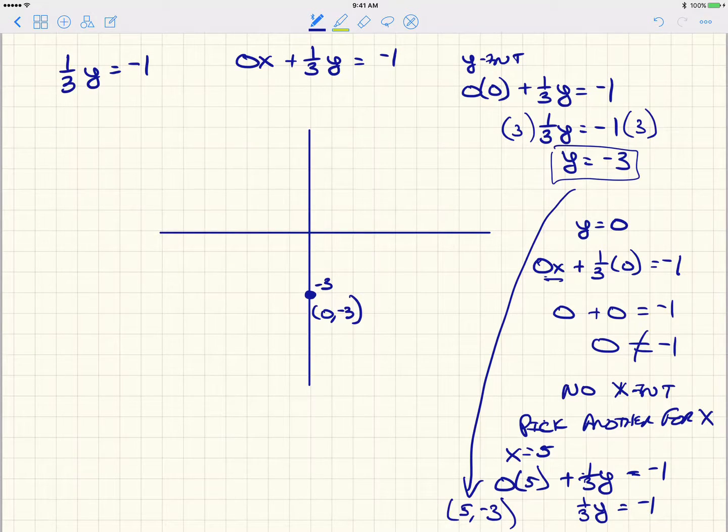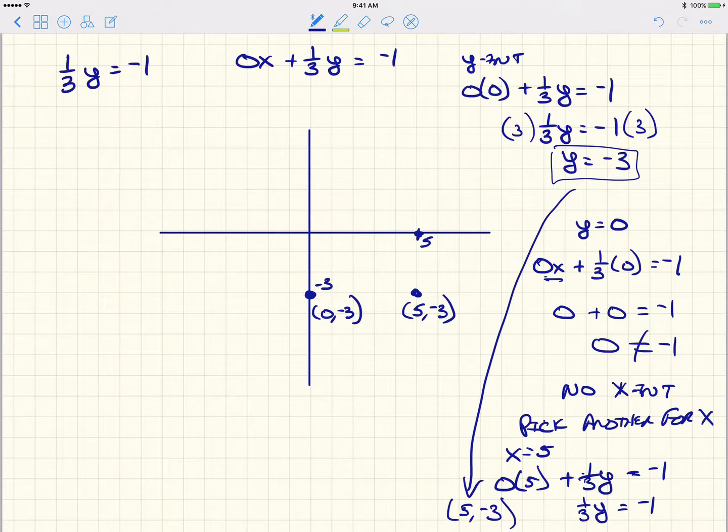So let's go ahead and plot that point. Here we have x equal to 1, 2, 3, 4, 5. And at (5, -3) we're going to have a point here.